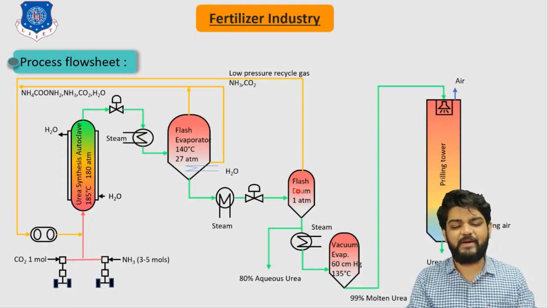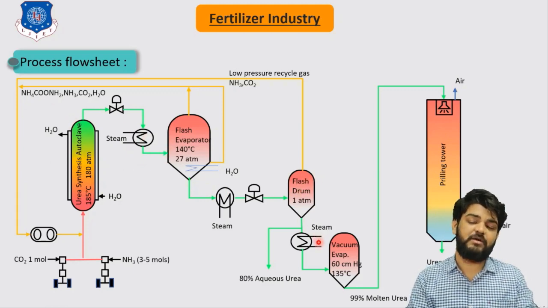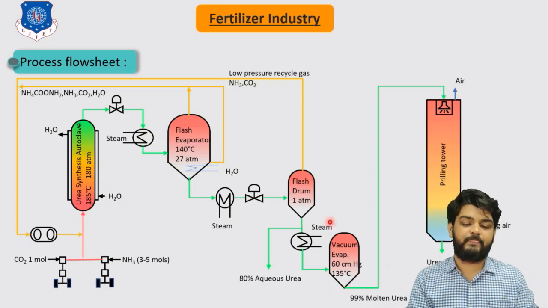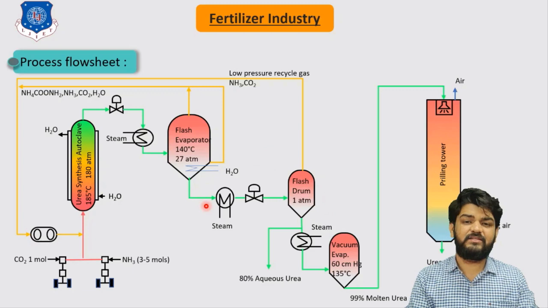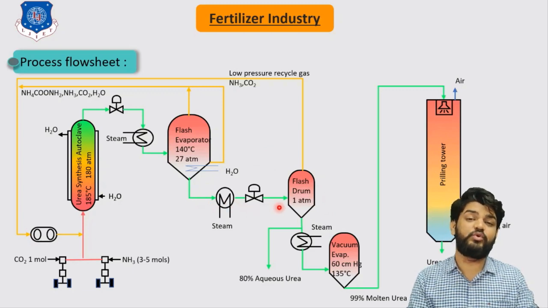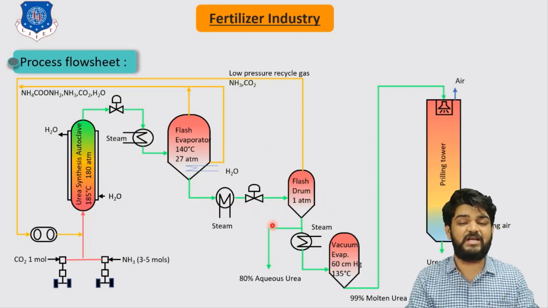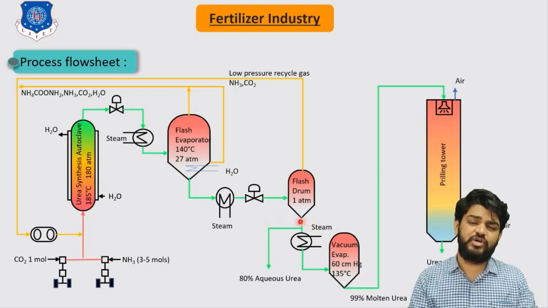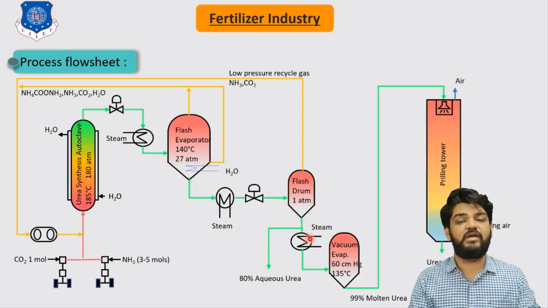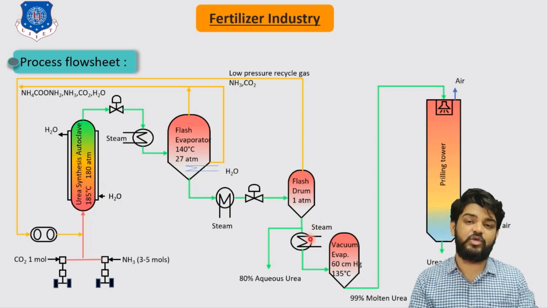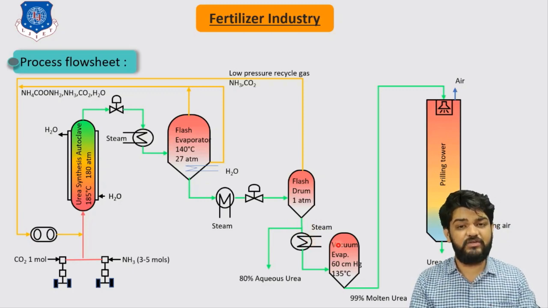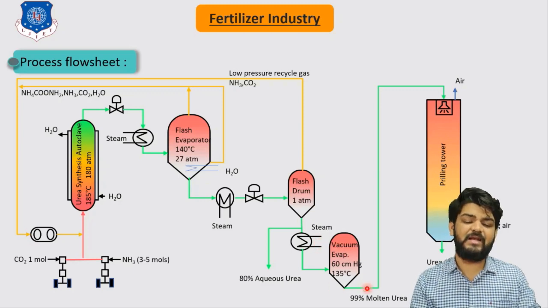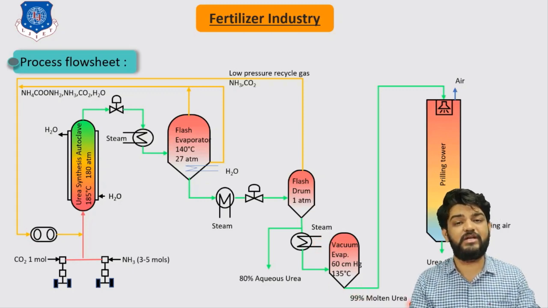Then further we pass this mixture through the flash drum, where we produce an 80% aqueous solution of the urea. Then this aqueous solution of urea is passed to the evaporator which operates under vacuum, in order to remove all the water and byproduct, and we ultimately get 99% molten urea.